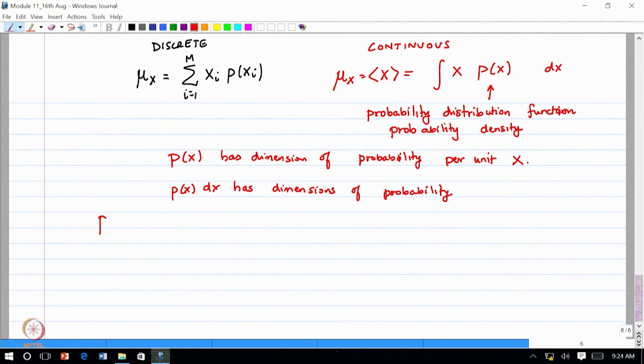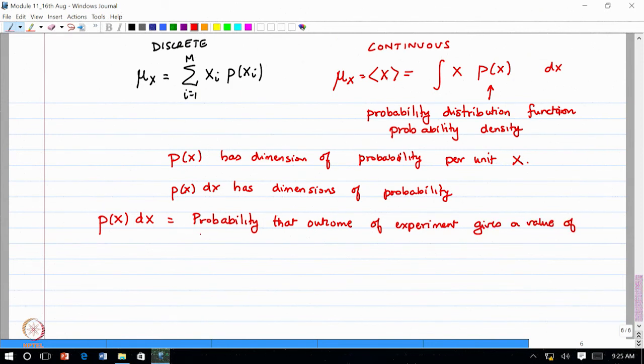So p of x dx is equal to the probability that the outcome of the experiment gives a value of x between x and x plus dx.